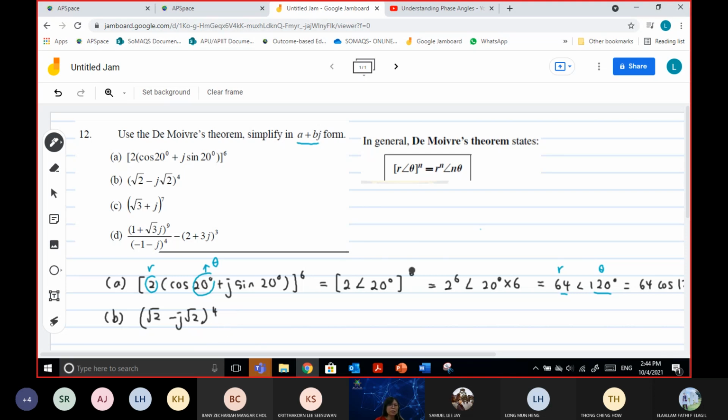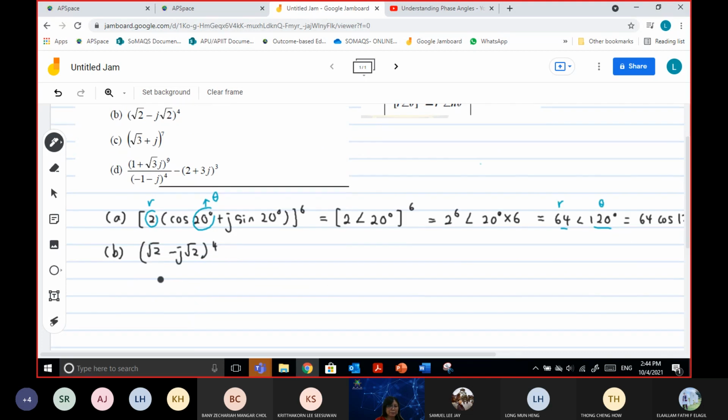When we look here, you can see the x is square root of 2, and the y is negative square root of 2. So we need to find the r first. The r is the square root of the square of x plus the square of y.